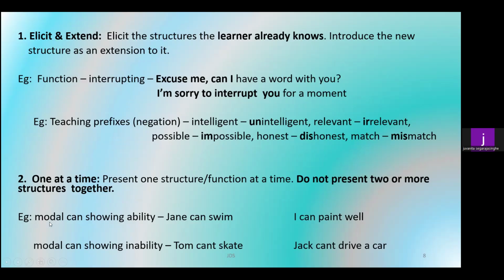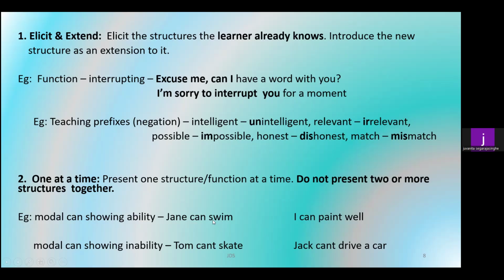See, now the intention is to teach modal verbs. Can, showing ability. Jane can swim. I can paint. Tom can't skate. Jack can't drive. Now, in this instance, can and can't, you can present together.